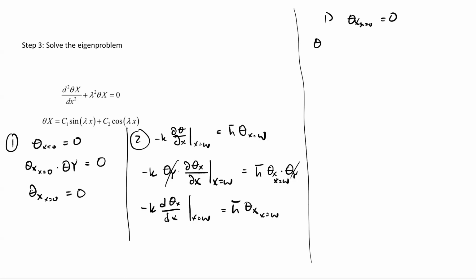So theta x at x equals 0 is equal to C1 sine of lambda times 0, it's x equals 0, plus C2 times cosine of lambda times 0. Right, and that all has to equal 0. So this evaluates to 0, this evaluates to 1. So we're saying here C2 is equal to 0.